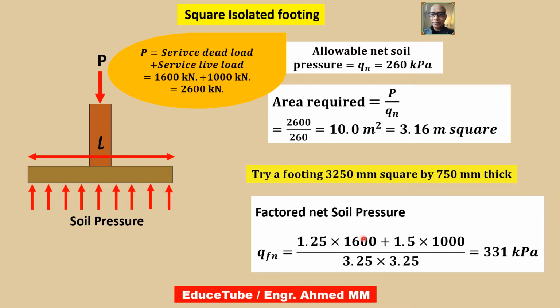In this case, the dead load 1600 is multiplied by the 1.25 factor and the live load is multiplied by the 1.5 factor, and divided by the area of the footing, which is 3.25 by 3.25. So our factored net soil pressure will be 331 kPa. This pressure we will use in the next slides. So let's move ahead.